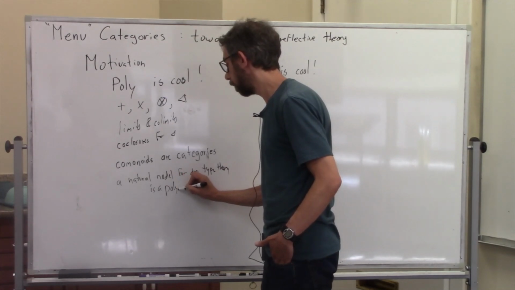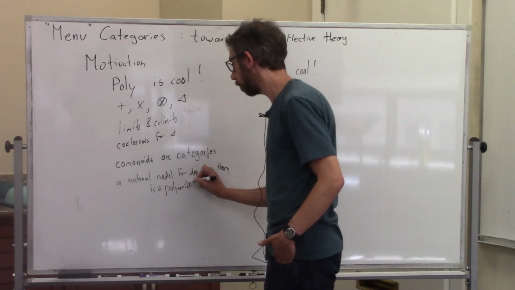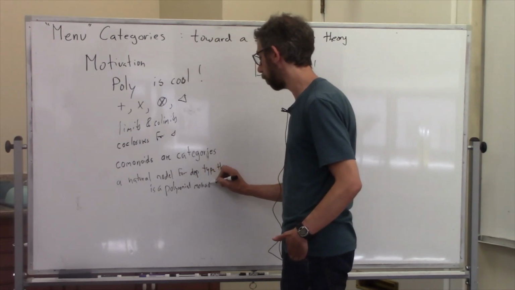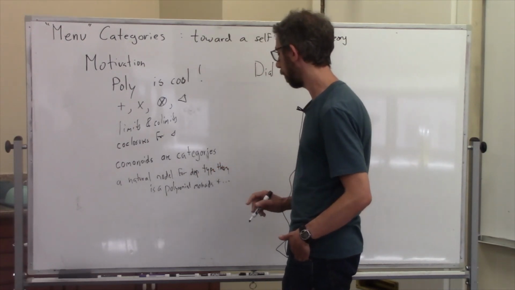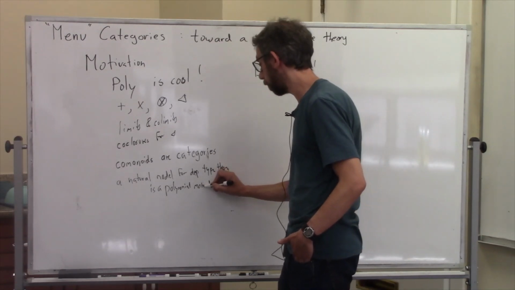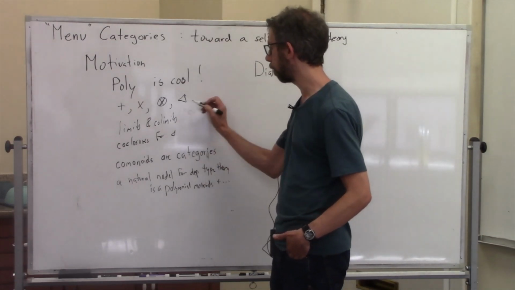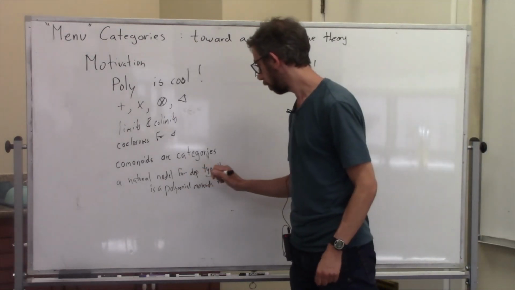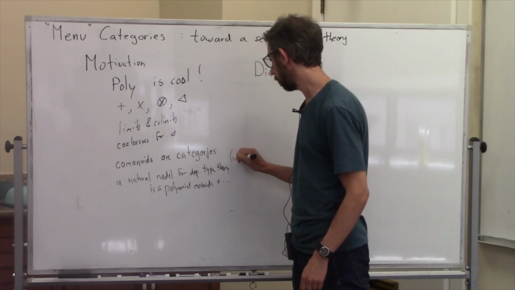So comonoids or comonads are categories, and monads with some property, or monoids for the same triangle operation, are natural models for dependent type theory. So they're basically universes.